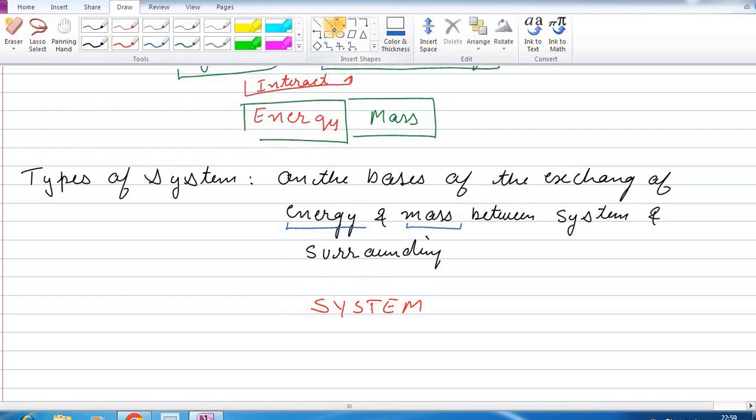So I'm going to draw a line, and one more line. So we are going to categorize it into three parts.